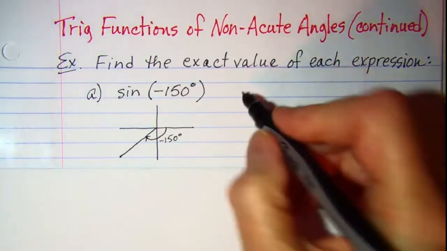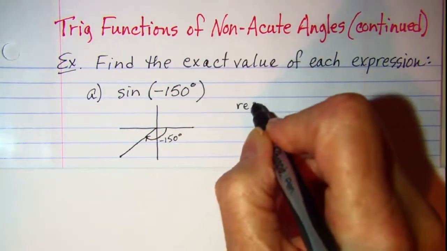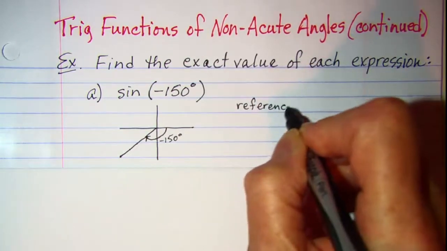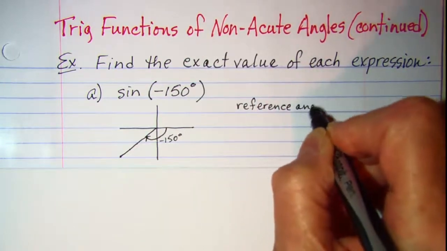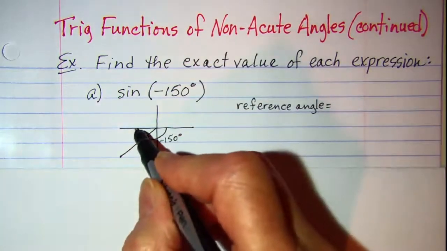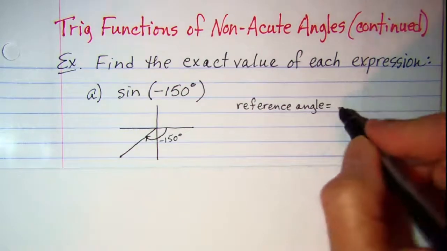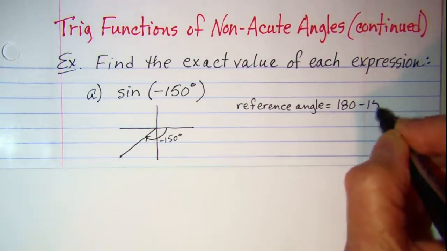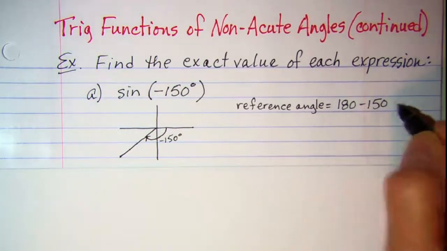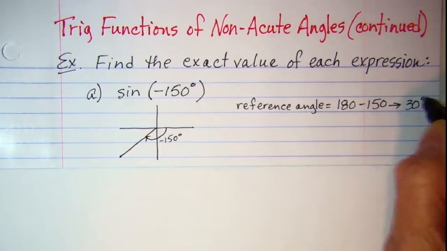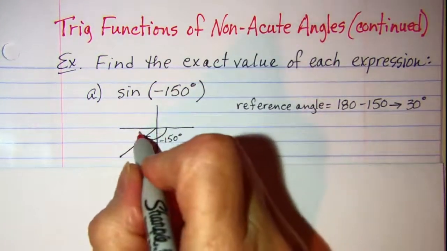Our reference angle can be found by taking 180 minus 150. Our reference angle is 30 degrees. Mark that in here.